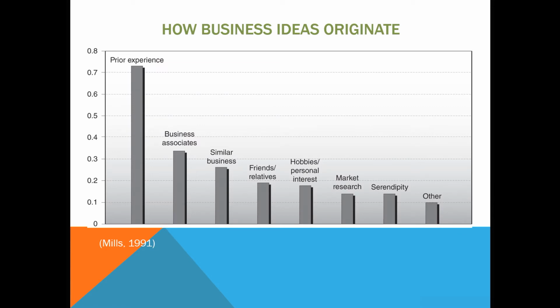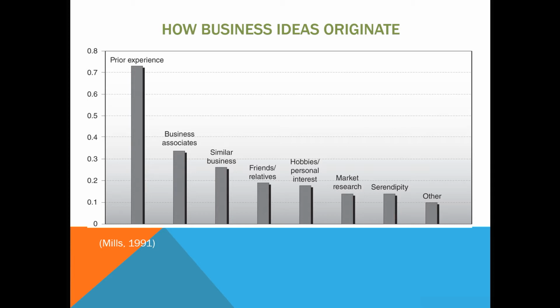This is from G.E. Mills. He's actually a noted Canadian business environmentalist. I found that out. Anyway, he says that 73% from the entrepreneur's previous experience with different business. Sorry, pardon me. These are how business ideas originate. So 73% was from prior experience.